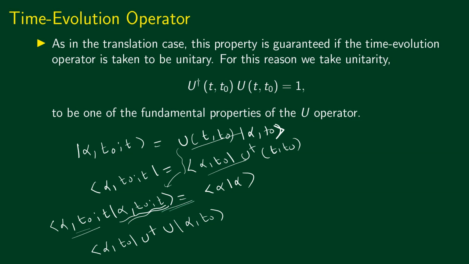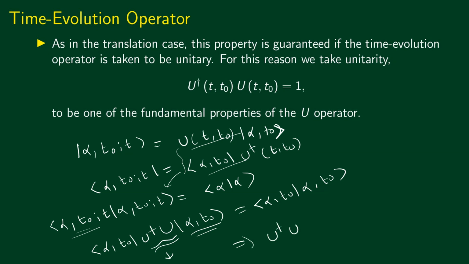So the conservation of probabilities or normalization means that bra alpha comma T0 U dagger U ket alpha comma T0 is equal to bra alpha comma T0 ket alpha comma T0, which means that this U dagger U in here has to be the identity operator. This implies that U dagger U is equal to the identity operator. So based on conservation of normalization, we say that the time evolution operator must be a unitary operator.